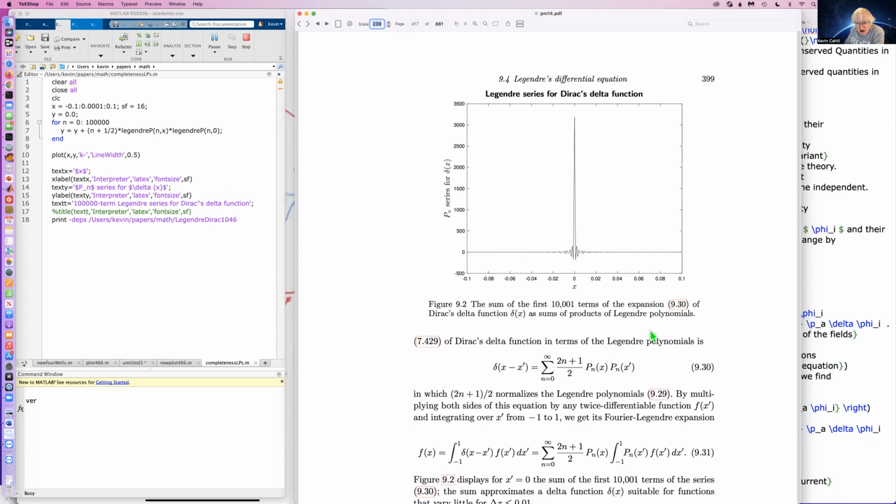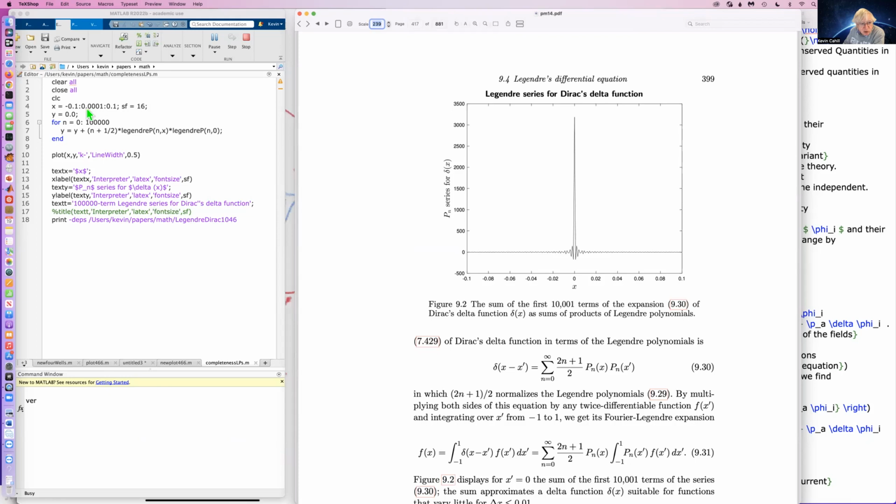When I originally did this, I did something like 0.1, and I only did 10,000 terms. And so it ran fairly quickly, it didn't take forever. This time I thought, well, let's make it a really finely done graph.